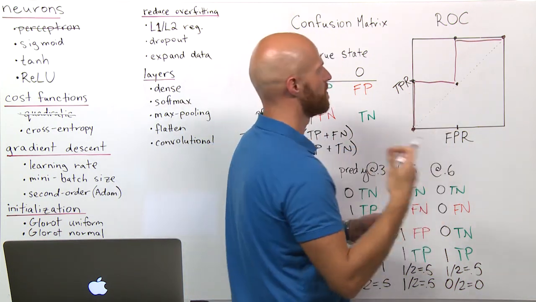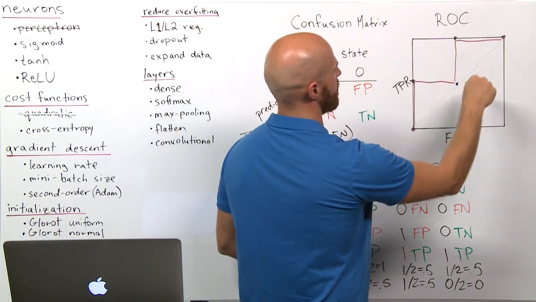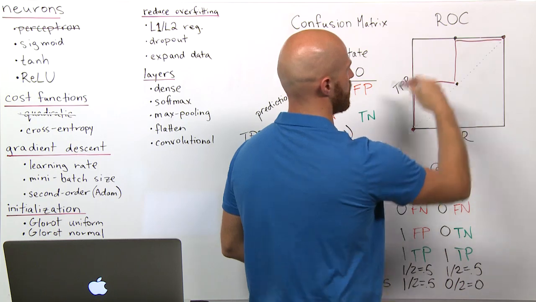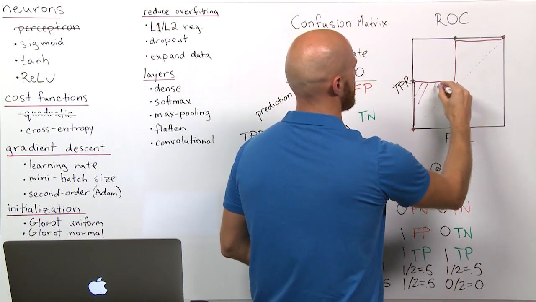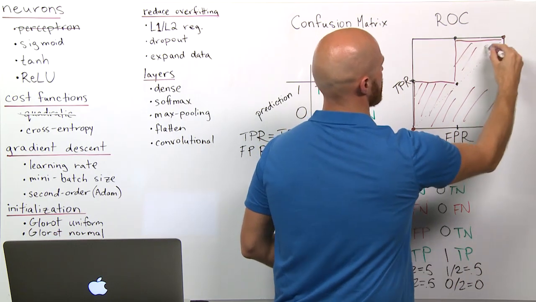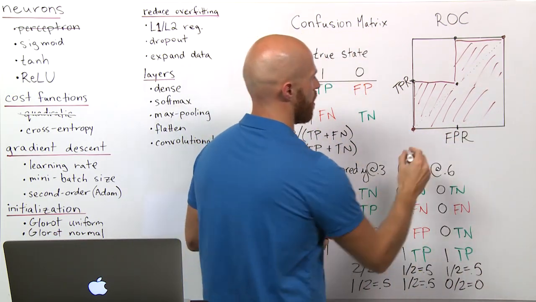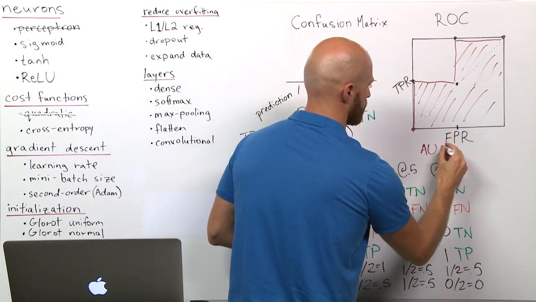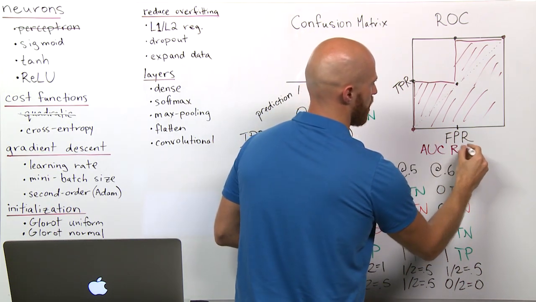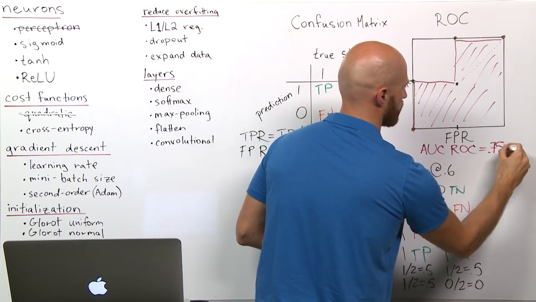But the theory works the same way. So we want to calculate what the area under the curve is here for this whole space, and we can see that the area under the curve is 3/4 of the space. So therefore, our area under the curve of the receiver operator characteristic is equal to 0.75.